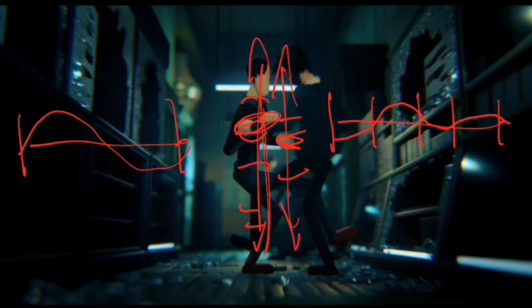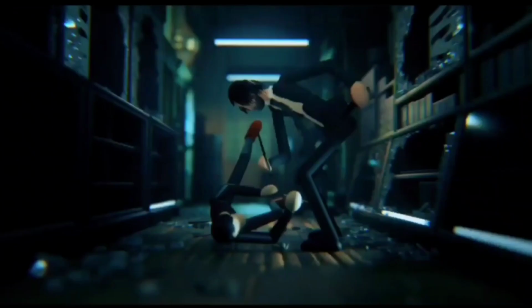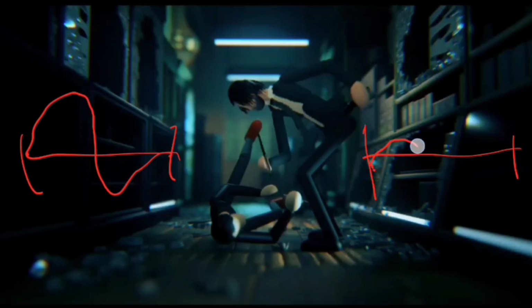So the curve for both of them has to be in sync, and the timing has to be in sync because they're making contact with each other. But as soon as they separate, that's when the curves can be separate. So this one can go up like this, and then this one can be a bit more flat or do something like this. That's when they separate.